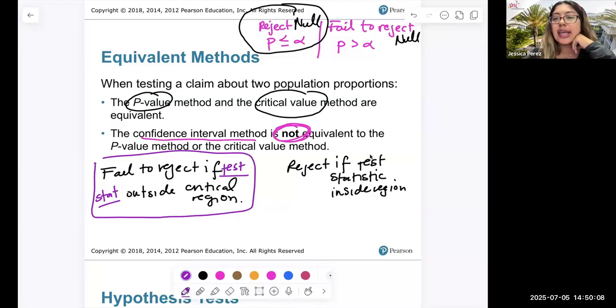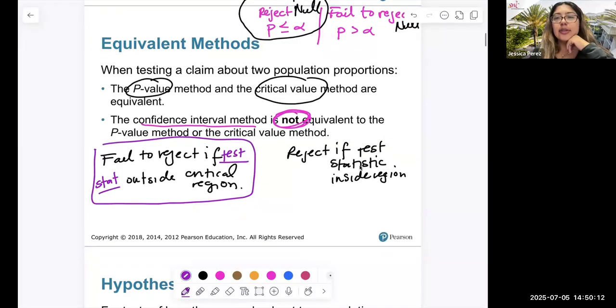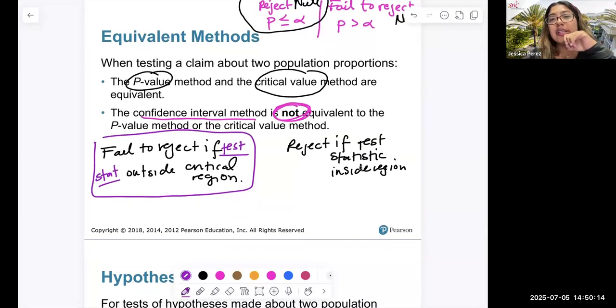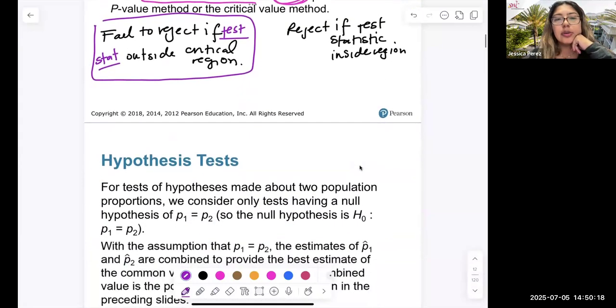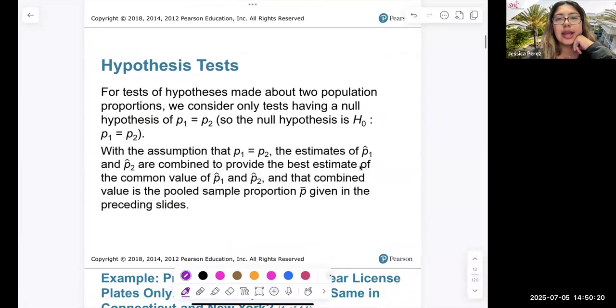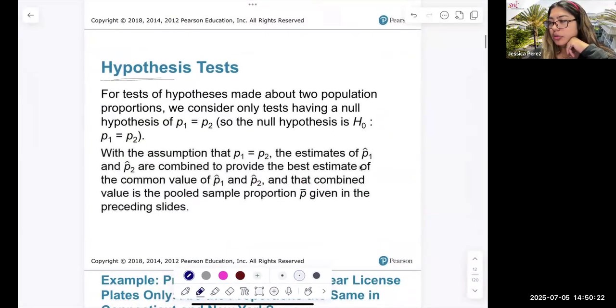If the test statistic is inside the region, we are going to reject the null. Those are the two cases, and those are equivalent. The confidence interval is not an equivalent method. Okay, so let's begin with looking at hypothesis tests for two proportions.